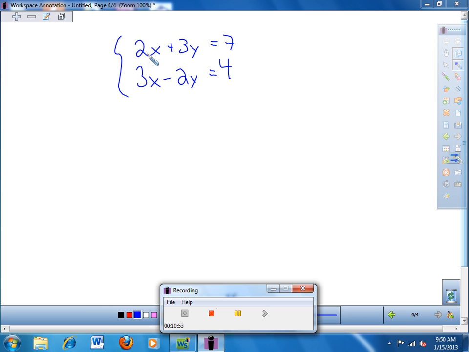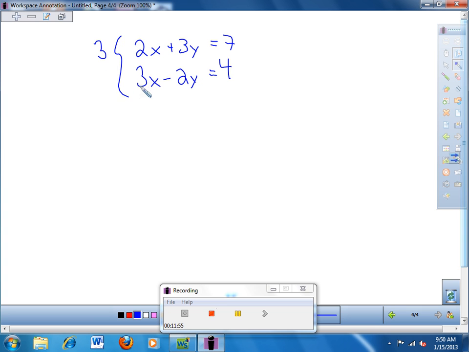What you really want to do is get either the x's to be the same or the y's to be the same. So what could I multiply? I think what you're thinking of is, what number do they both go into? Right? 6. So how can I change 2x into 6? What do I need to multiply 2 by to make it into 6? 3.